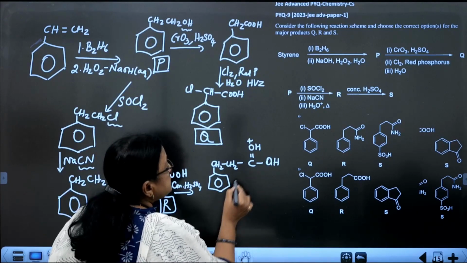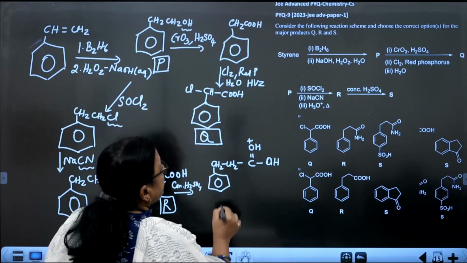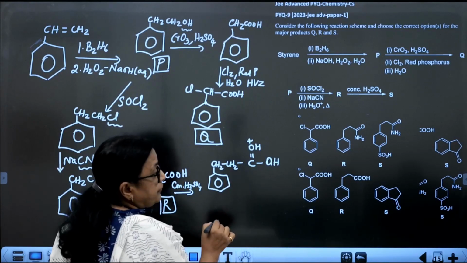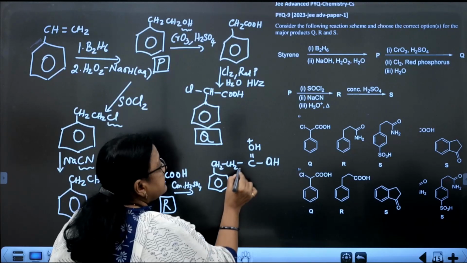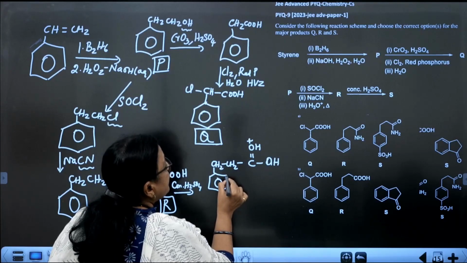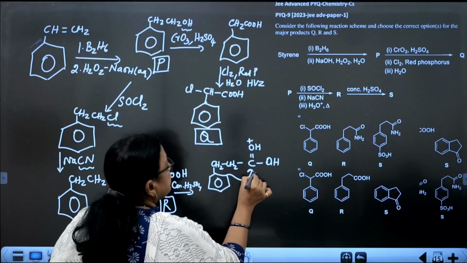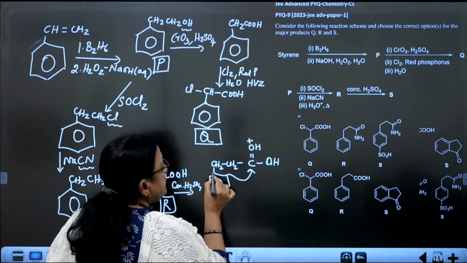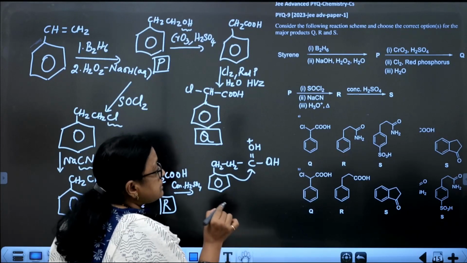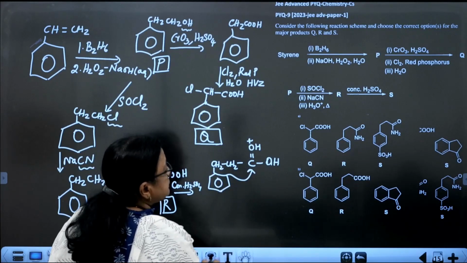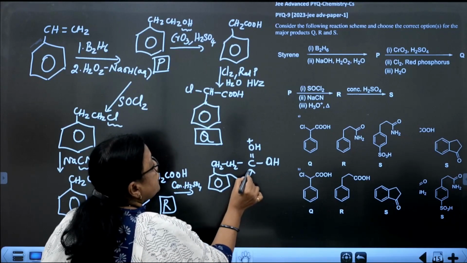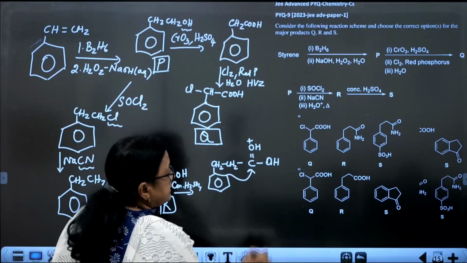So it is a very good site for nucleophilic attack, or you can say this acts as an electrophile and does electrophilic aromatic substitution on the benzene ring, at the ortho position. Para is also possible, but at the ortho position you get a more stable product.